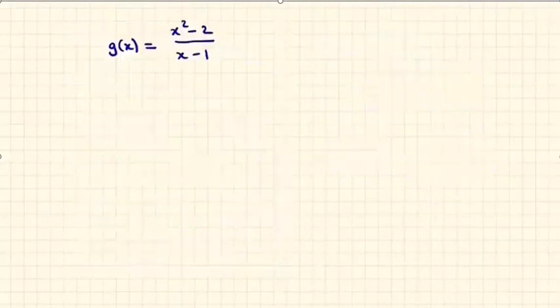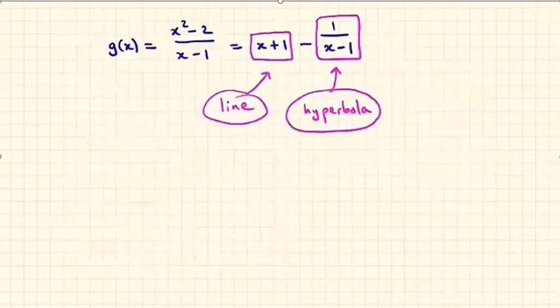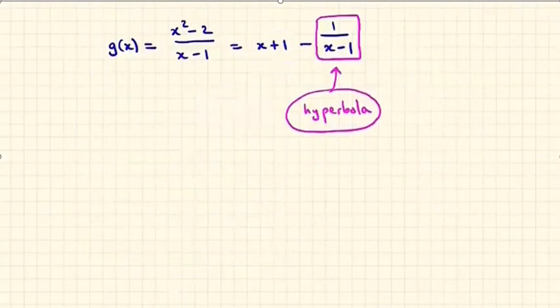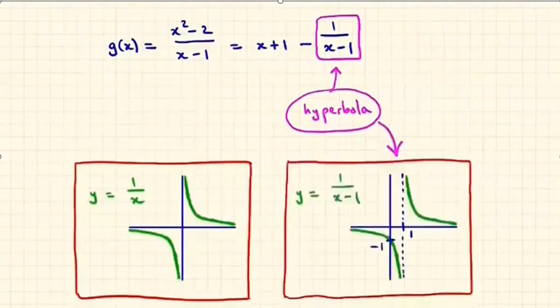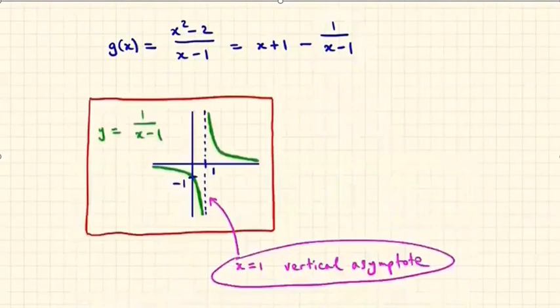Let's focus on 1 over x minus 1, which is closely related to the simple hyperbola y equals 1 over x. To get the graph for y equals 1 over x minus 1, translate the hyperbola for 1 over x to the right by 1 unit. And note that the line x equals 1 becomes the vertical asymptote.